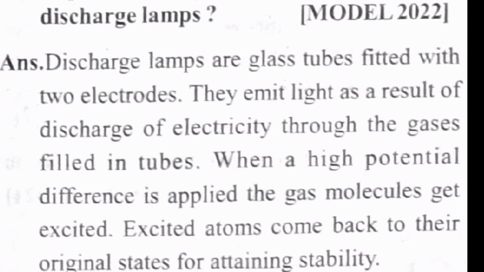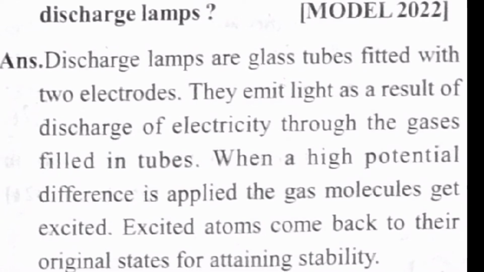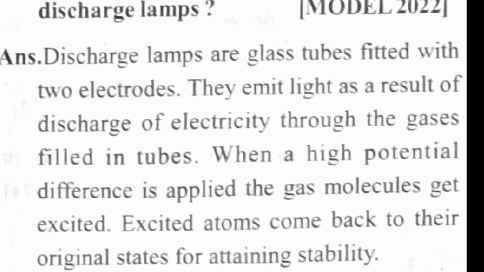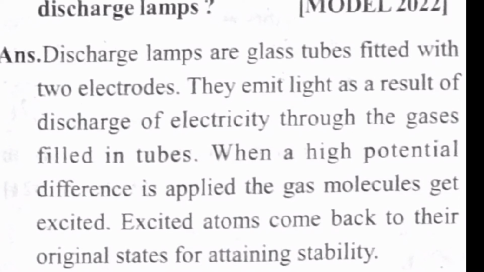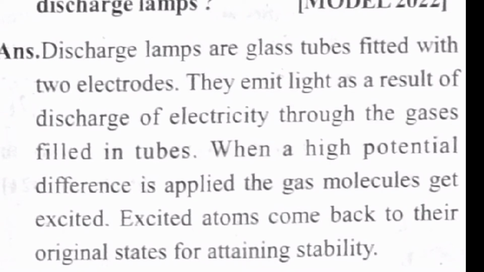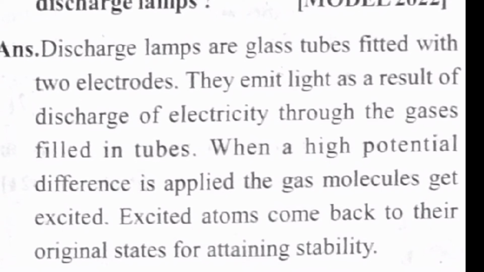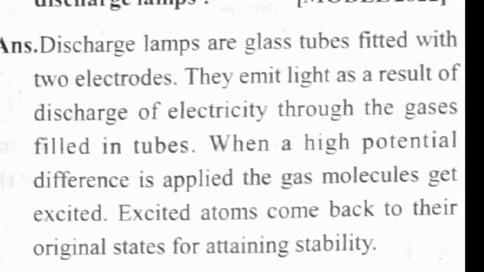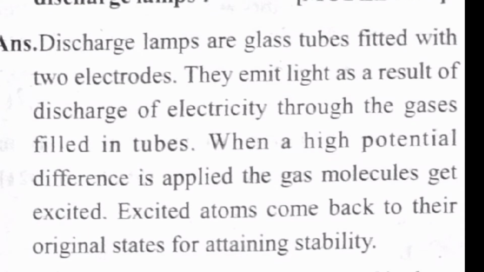In discharge lamps, we have glass tubes fitted with 2 electrodes. Also, gases are filled in these tubes. The lamp emits light as a result of discharge of electricity through these gases in the tubes. When we apply high potential difference across the ends, what will happen?